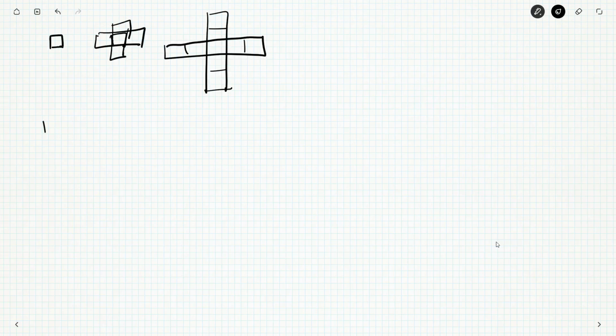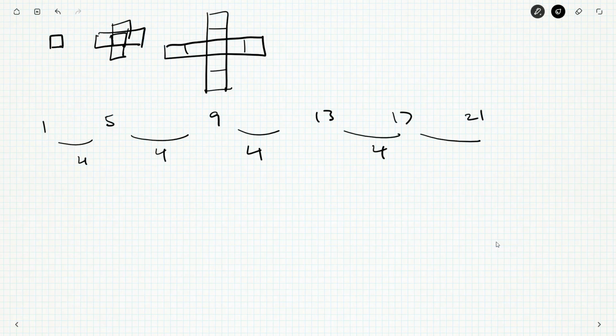Okay? So we have 1, and then we've got 5, then 9. I'm going to be adding 4 each time. This forms what's known as an arithmetic sequence. And it's something that is somewhat common on upper year contests, so it's something to get used to.